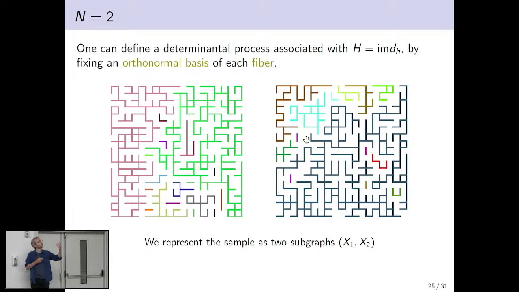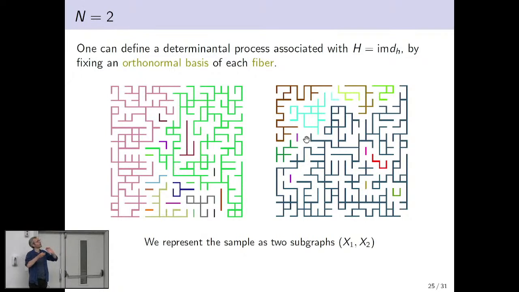And now we need an orthonormal basis to define a determinantal process. So we just take, as before, for each edge, the one form supported on the edge, but that's a vector space of dimension 2 because there's a dimension 2 space over each edge. So I just pick an orthonormal basis over each edge. And given this, I can define a determinantal process.